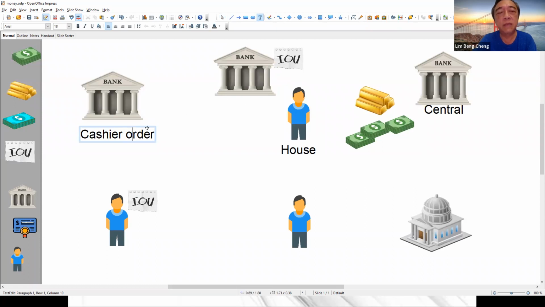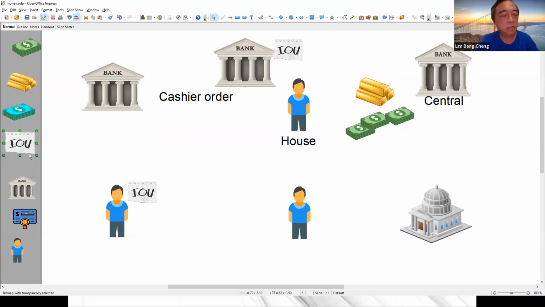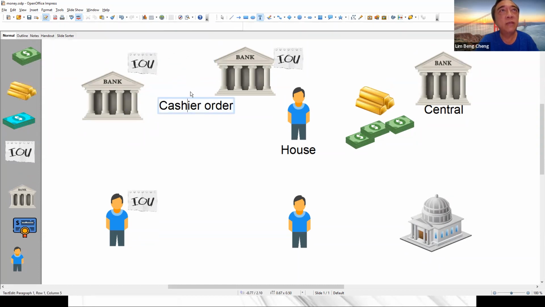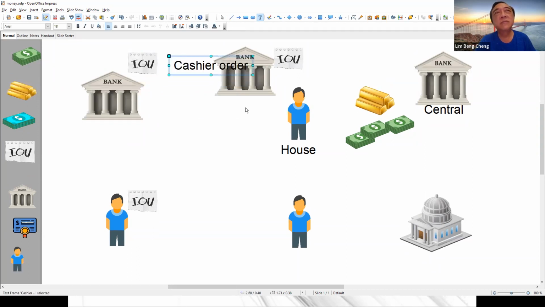So now he said, I give you this cashier order. Then this bank said, okay, no problem. I give you an I owe you. So now this bank gives you an I owe you, and this cashier order goes back to this bank. So now the bank owes bank.